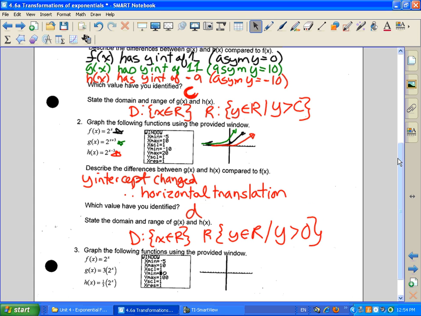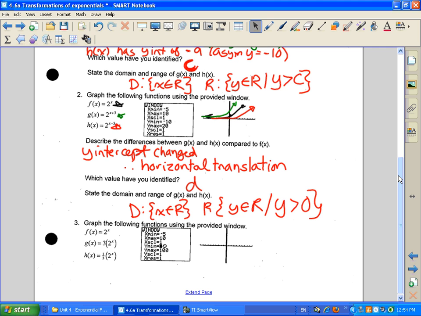Good. All right, so far in this investigation, we've discovered C, and again, that's your vertical translation up or down. Now we've done D, which is your horizontal translation left and right.